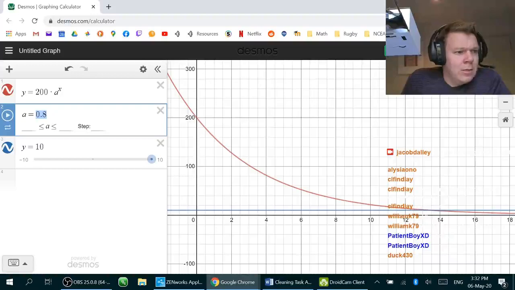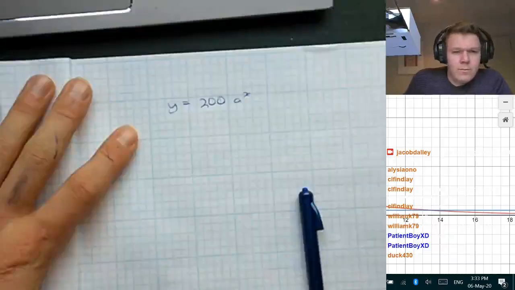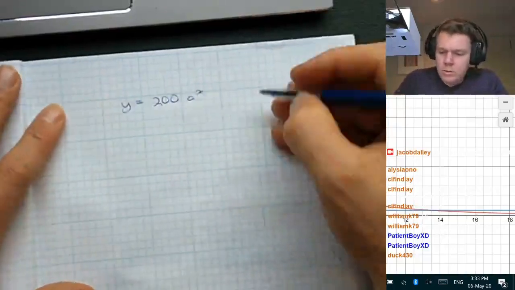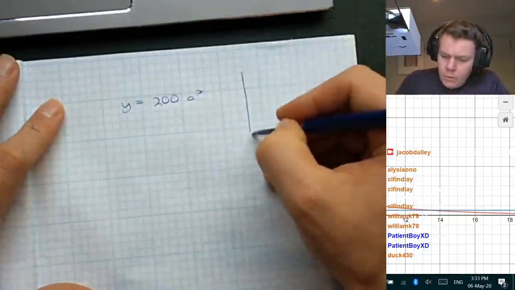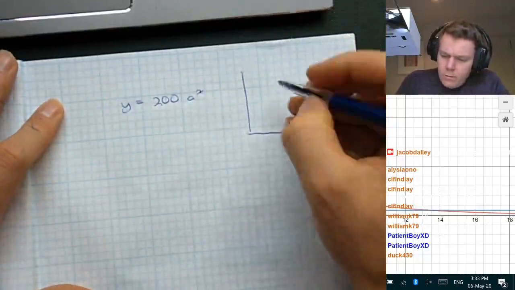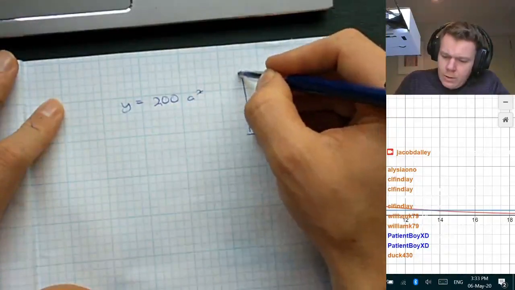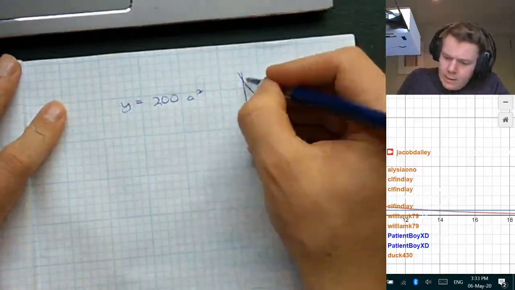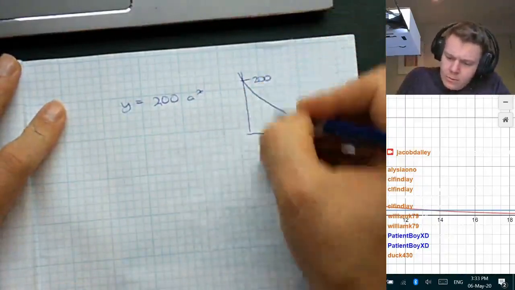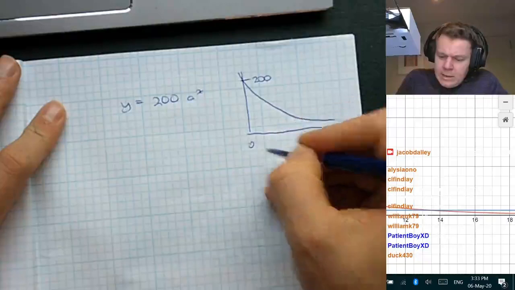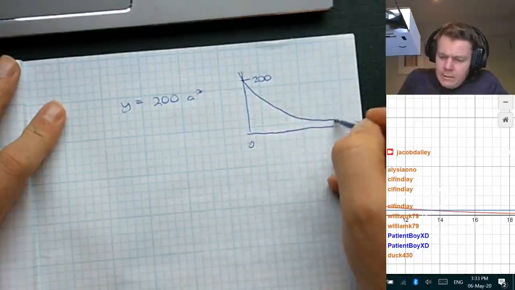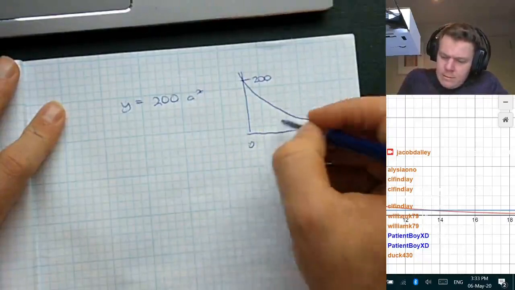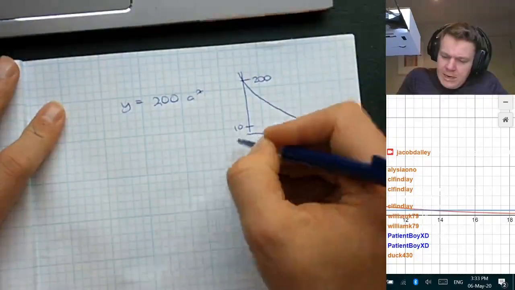Okay, I'm just going to turn that Droid cam back on. So I'll just do a rough drawing of what's going on. So we've got some exponential decay. It's going through 200 at day 0, and at day 10 there's 10.